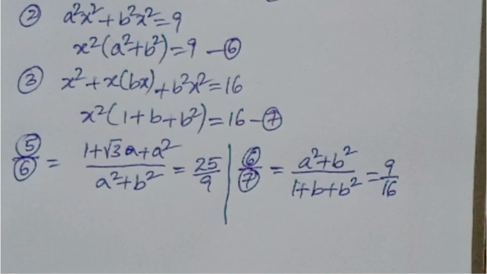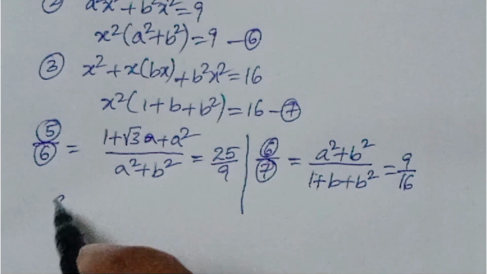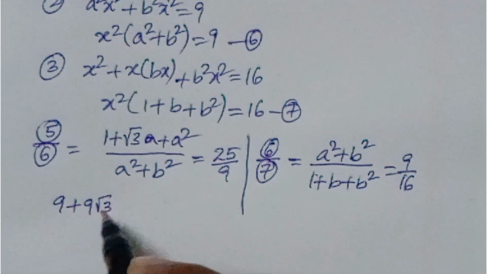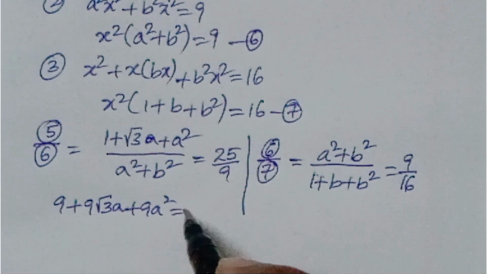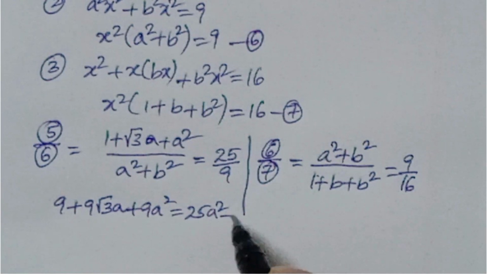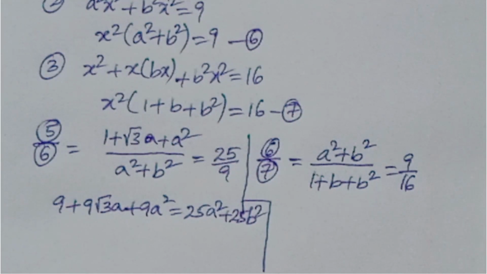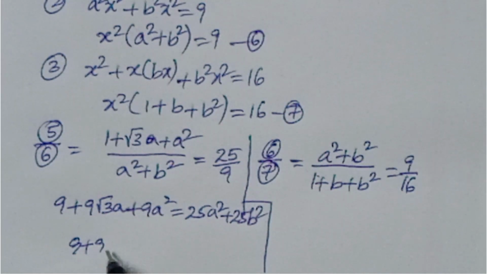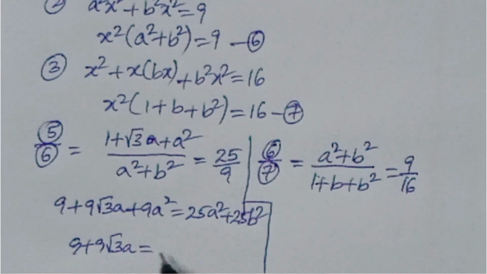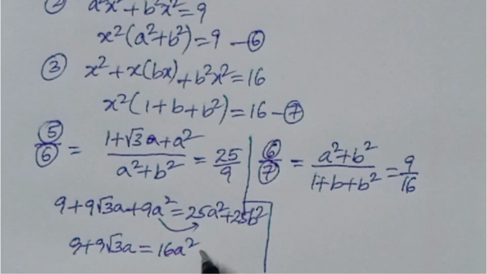So here if you cross multiply this, 9 plus 9 root 3a plus 9a square is equal to 25a square plus 25b square. So here 9 plus 9 root 3a is equal to 16a square plus 25b square if you subtract.